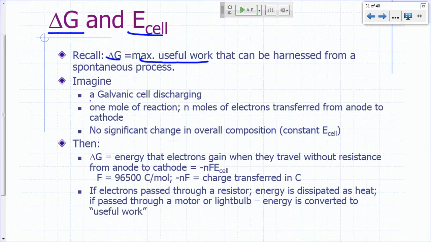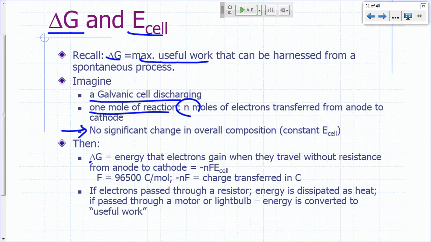So imagine you have a galvanic cell that's discharging. Let's say a mole of reaction occurs. That means n moles of electrons will be transferred from the anode to the cathode. And let's just imagine that throughout that process, the cell potential, the voltage across your galvanic cell, doesn't change significantly.